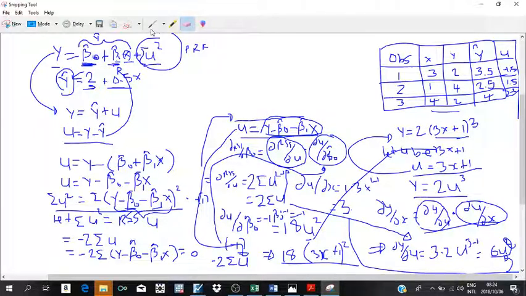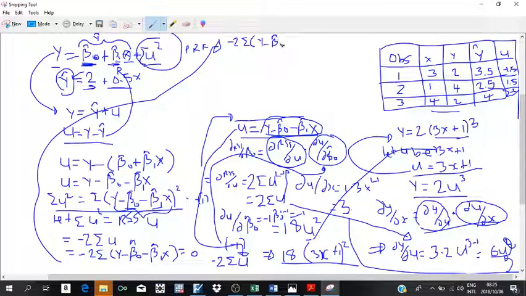So from this equation here, I'm taking it here, right up here. Okay, so I'm going to rewrite it as this. Have I left anything? No, it's fine. It's equal to 0.